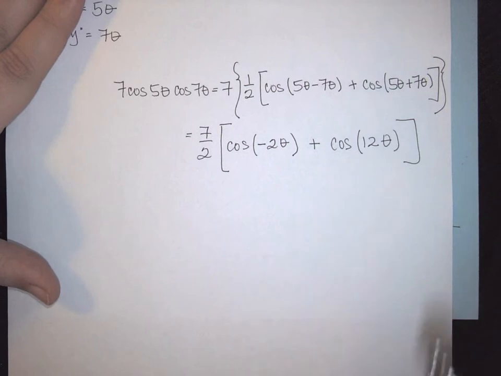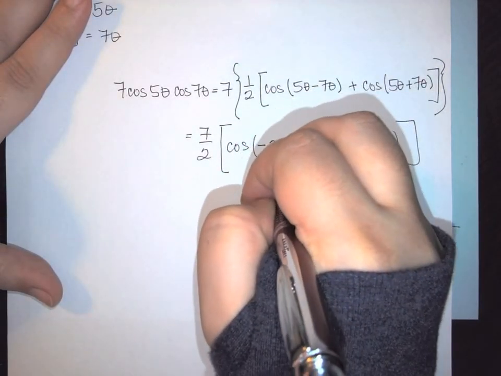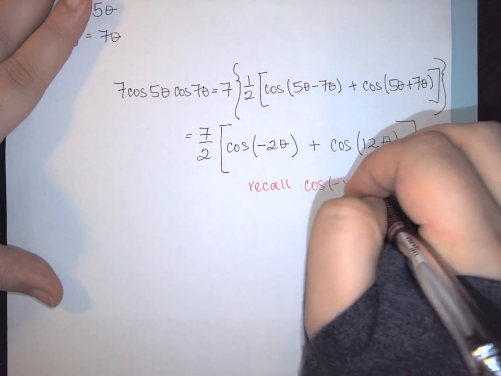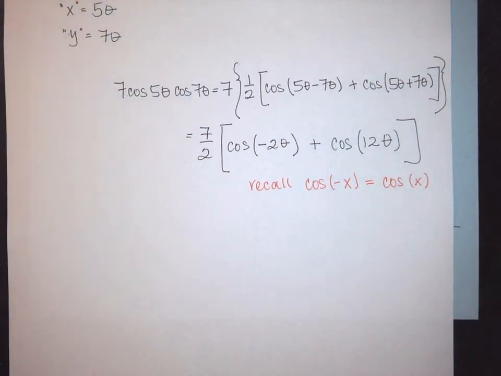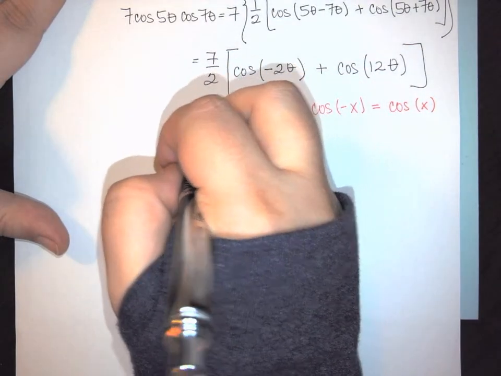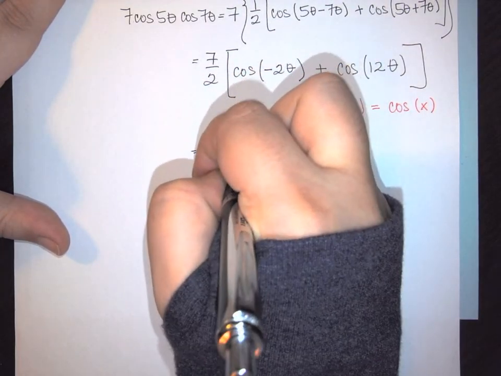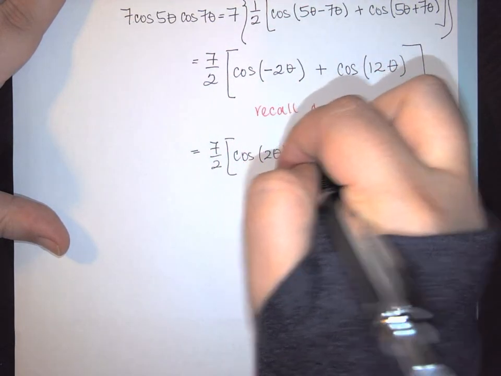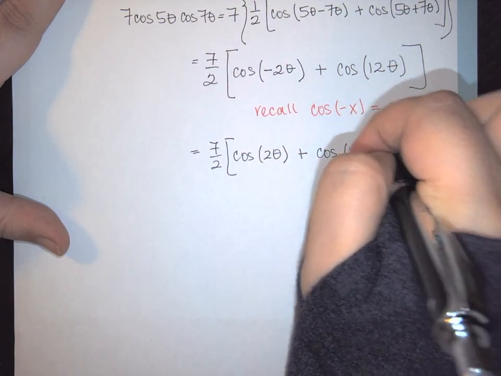Now we have to recall a little rule: the cosine of a negative value is the same as the cosine of the value. So we can simplify this further to say that we have 7/2 times the cosine of 2 theta plus the cosine of 12 theta.